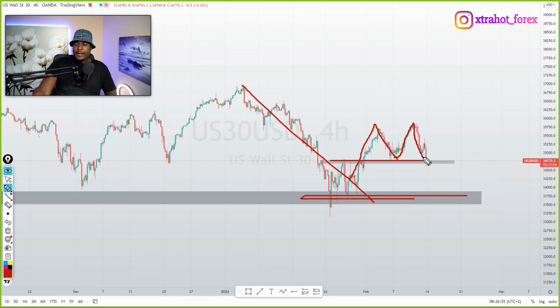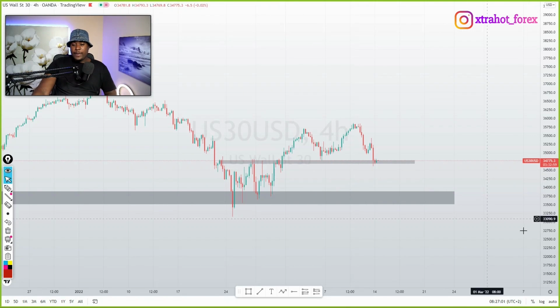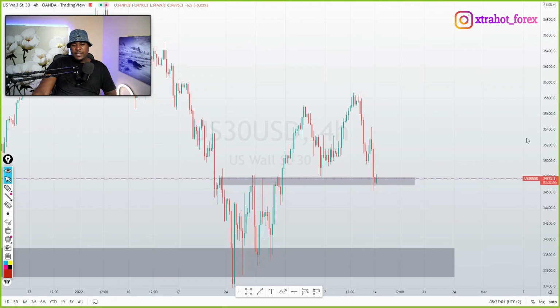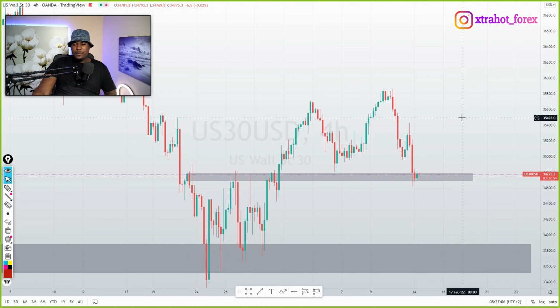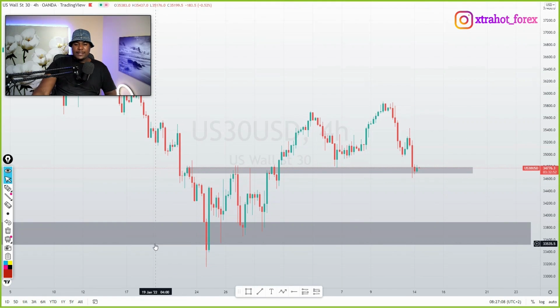Now it's coming back around that area. We just need to see whether the market is going to respect that. It looks like it's respecting it, but it seems the market broke out of it, but it's still around the same zone.